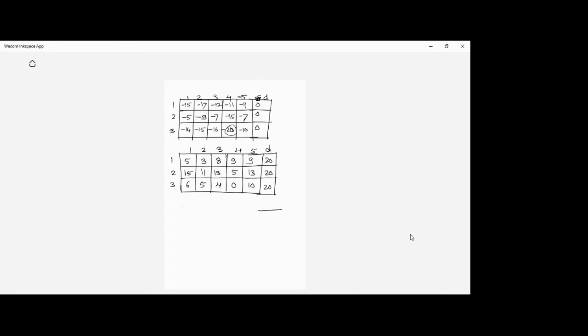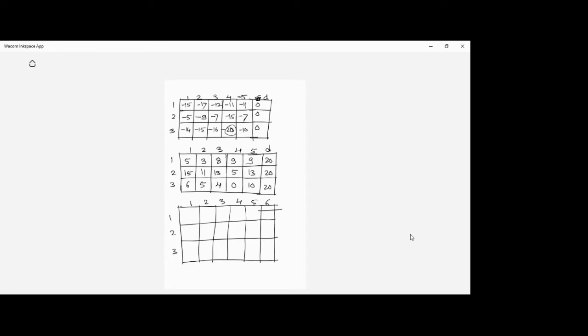So now I'll make it a bit comfortable to solve. We have 1, 2, 3, and 1, 2, 3, 4, 5, 6.